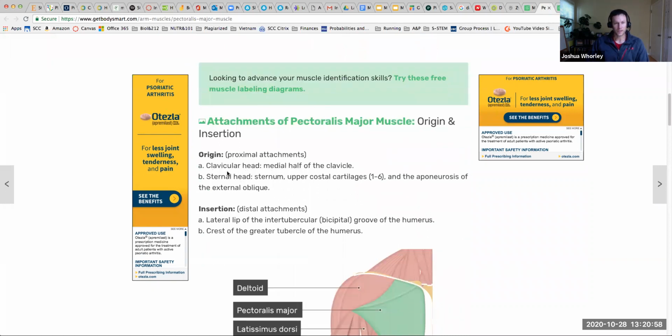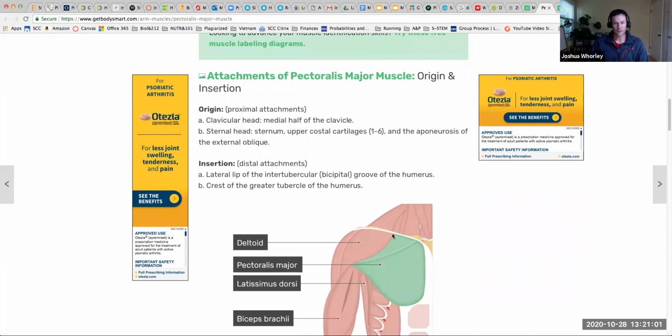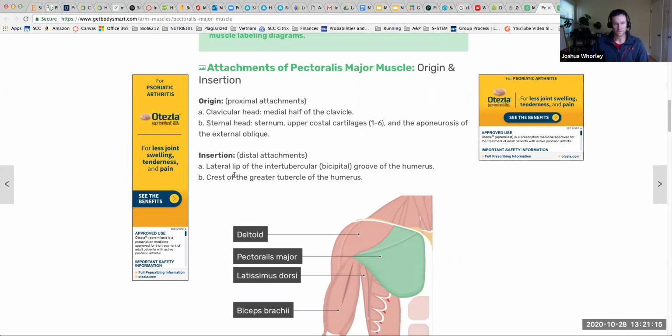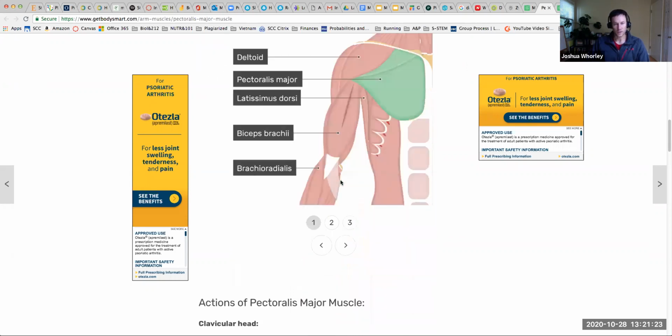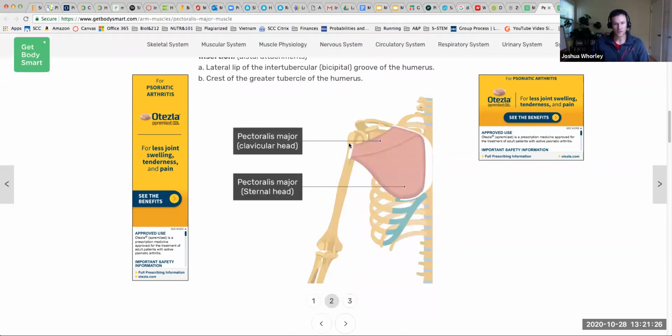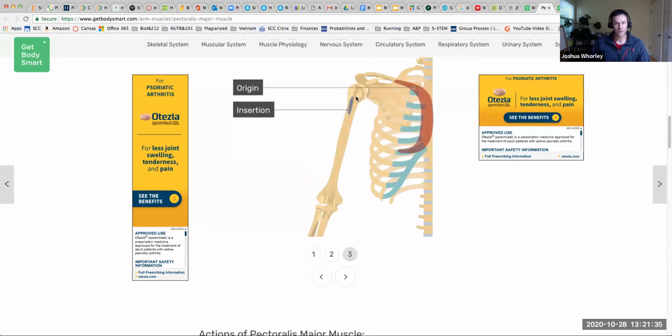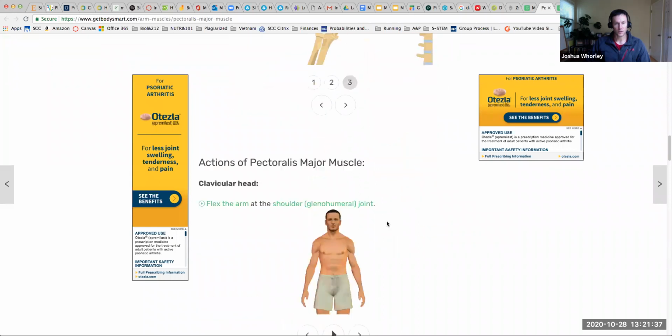Few different origins here, kind of the medial half of the clavicle, and then the sternum, the upper costal cartilages of the sternum, and then inserting just lateral to that intertubercular groove and the greater tubercle of the humerus. So there's our little intertubercular groove here. We're just lateral to it, and here's the greater tubercle up here. We're just barely touching the greater tubercle. So there's our insertion. There's our broad origin.